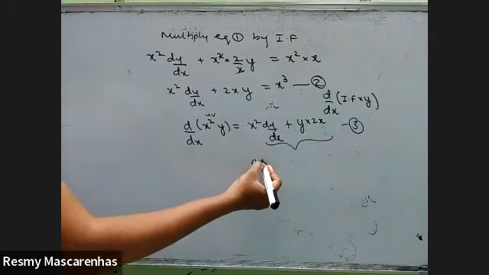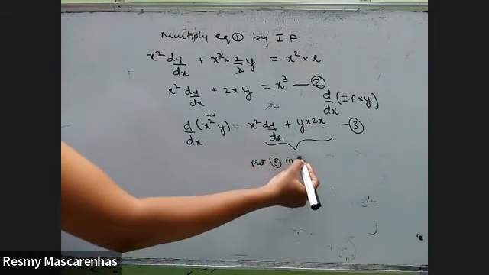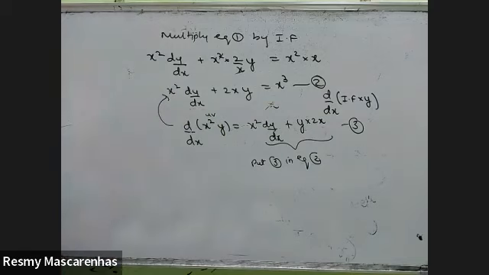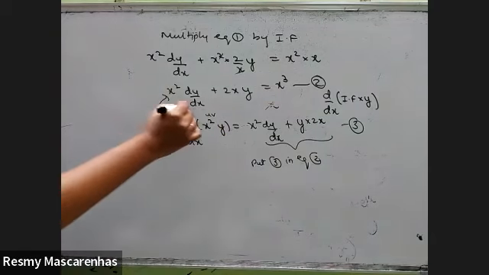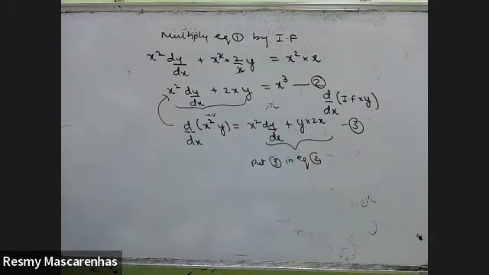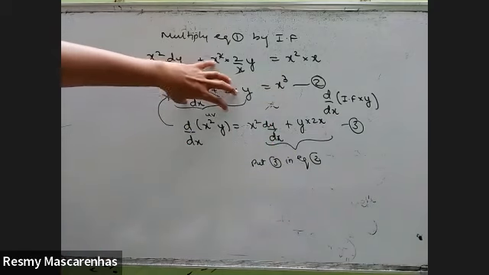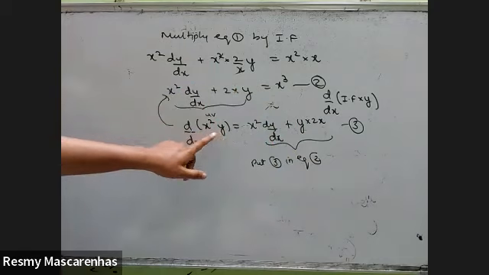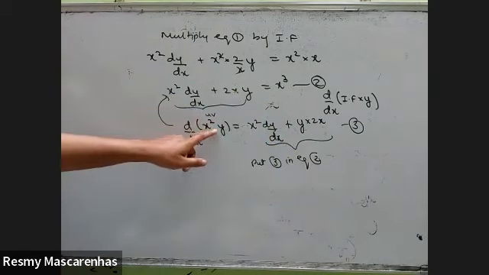So put 3 in equation 2. So instead of this, I have to substitute here because this and this are the same. So this thing is nothing but derivative of x square into y, by the u into v rule. So if you solve this, we'll get this.